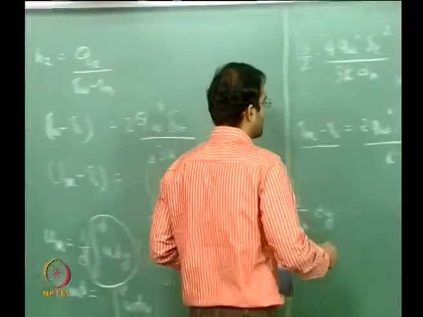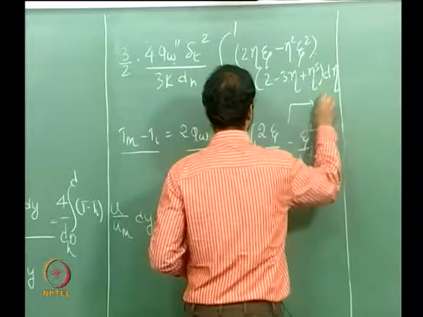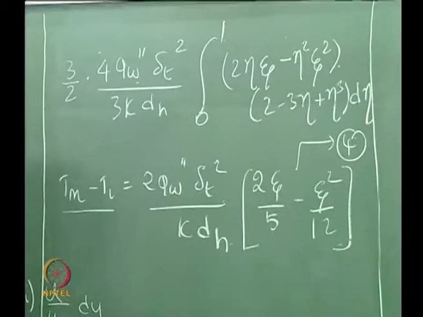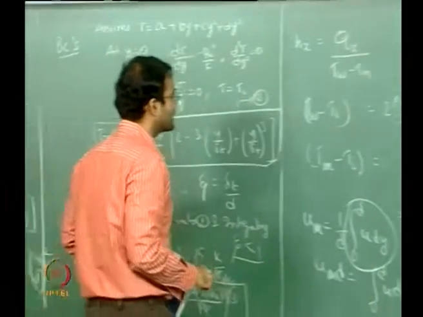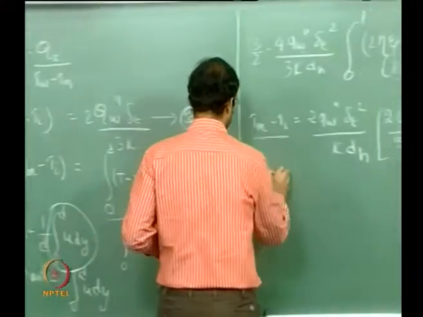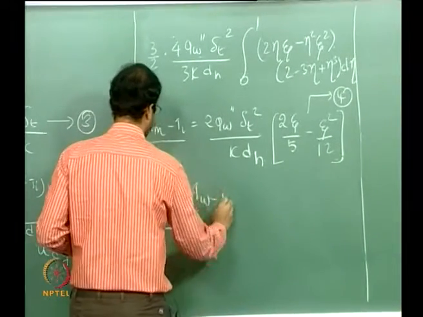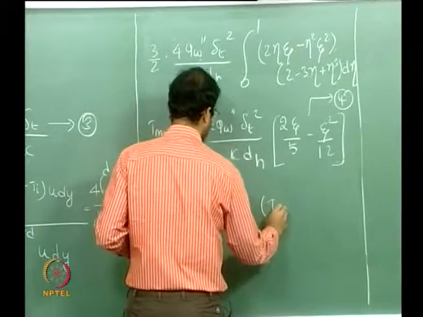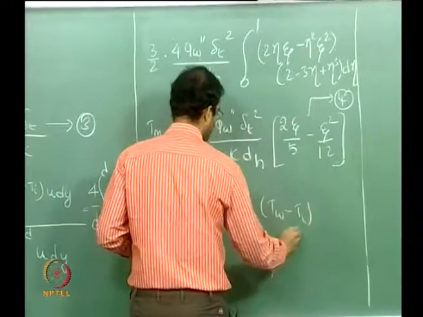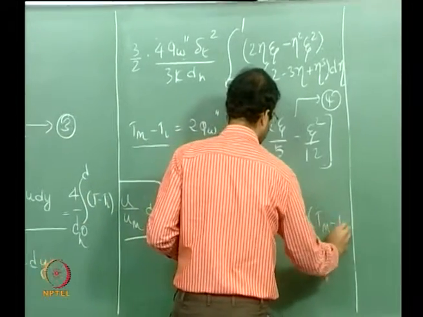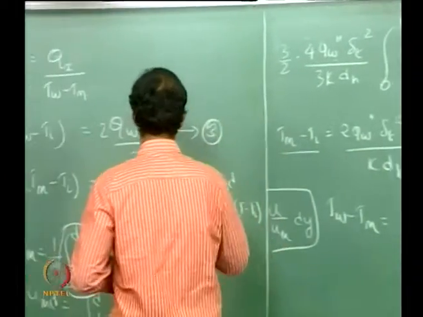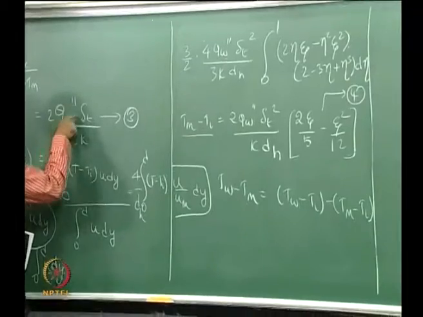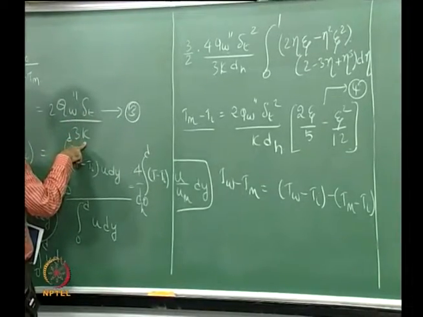Let me call this as equation number 4, and this is the expression for Twall minus Ti. This is equation number 3. So therefore Twall minus Tm can be written as Twall minus Ti minus Tm minus Ti. Okay, so you see there are common terms here, your 2q double prime delta t by k is common.